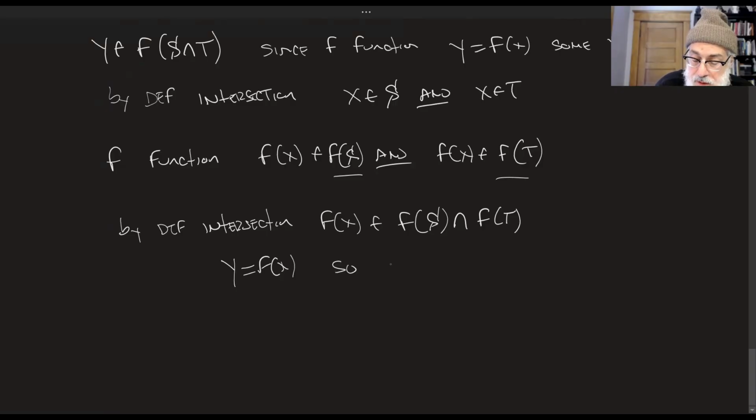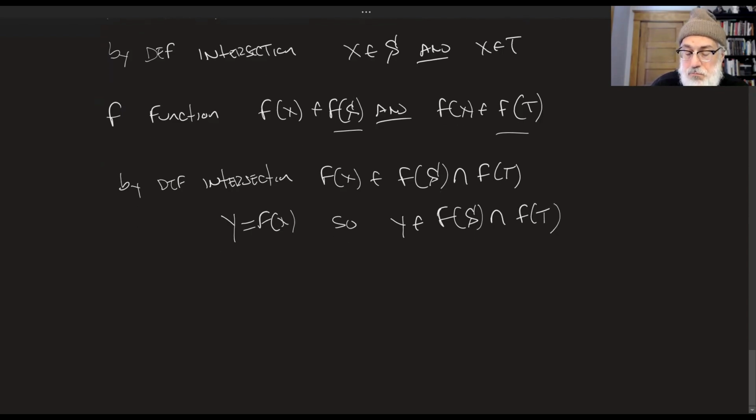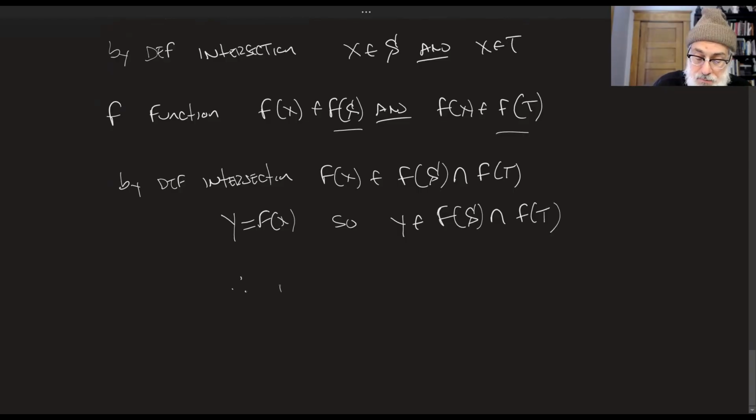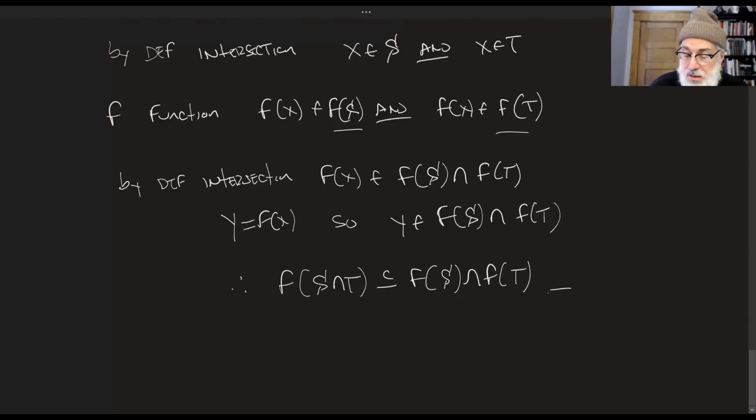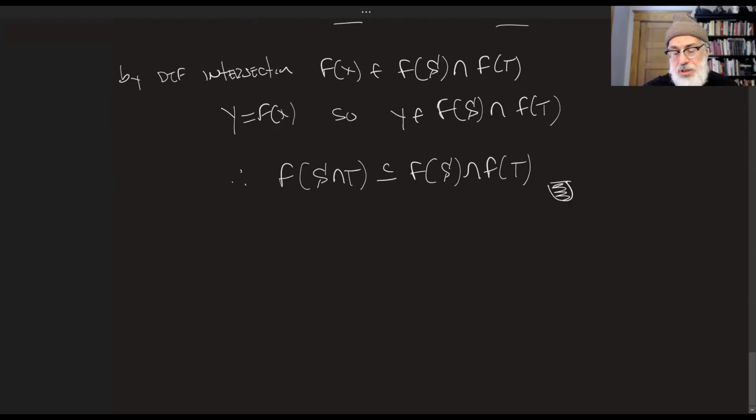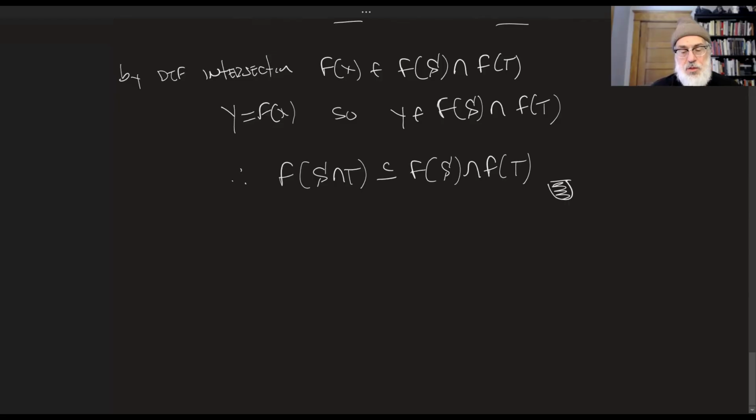So y is in f of S intersect f of T. Therefore, f of S intersect T is indeed a subset of f of S intersect f of T. We are done. So that's the proof of this part B. We don't need to show the other direction because this is not assumed to be equality.